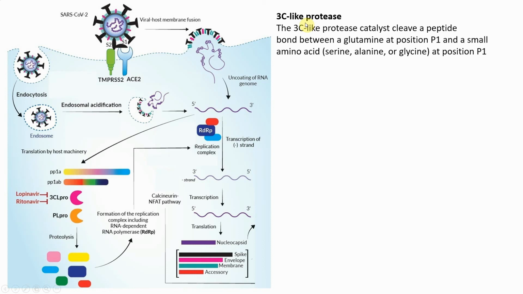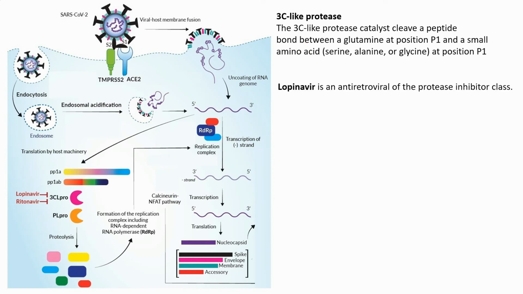as you see in the ORF or non-structural protein part of the genome. There is a genome region which produces this type of enzyme, and if we can inhibit this protein, we can prevent replication of this virus.